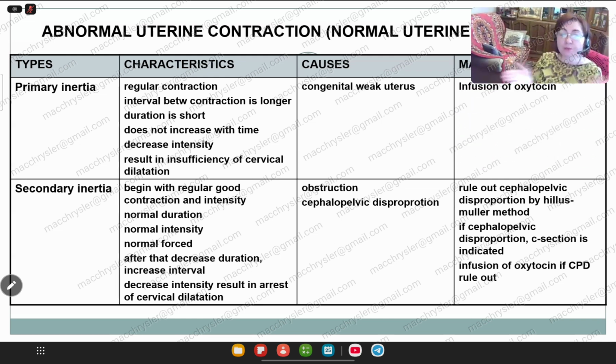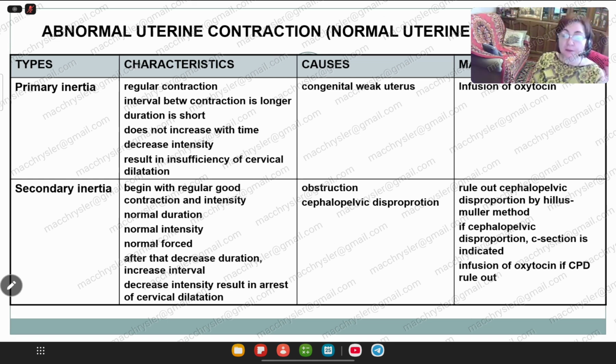In between contractions the patient has a good resting period, but with primary inertia the contraction is ineffective, weak, poor from the beginning of the process of labor. It is a congenital weak uterus. It is possible to do correction with infusion of oxytocin.